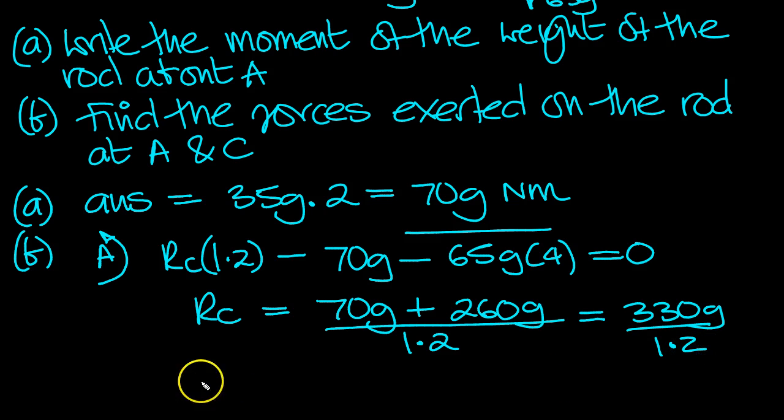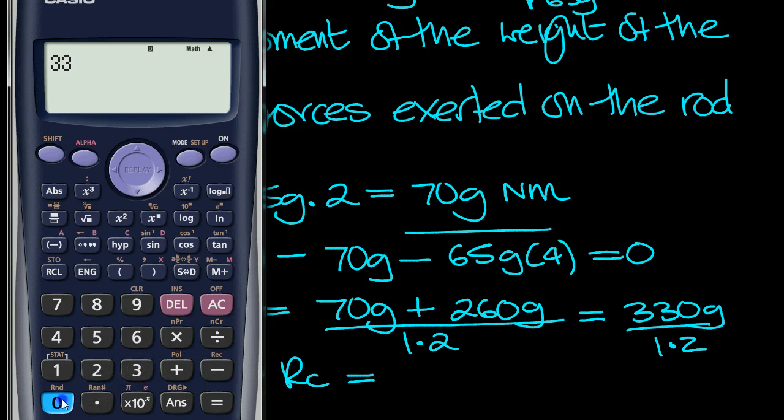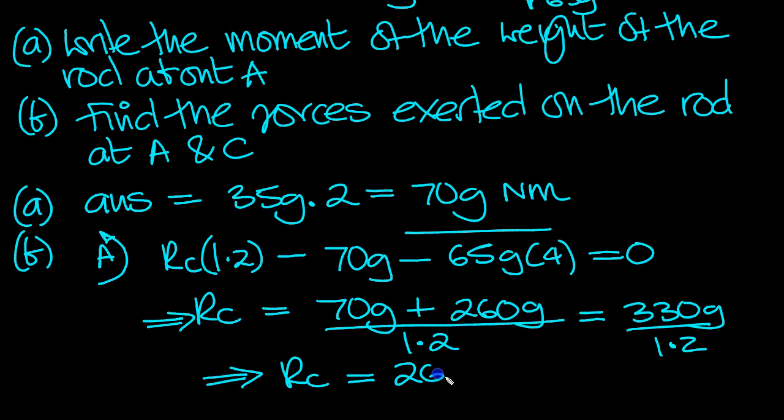So that tells us what RC is, the reaction at C. Tap it in the calculator then: 330 times 9.8 divided by 1.2 equals 2695. And that would be newtons, that force there.